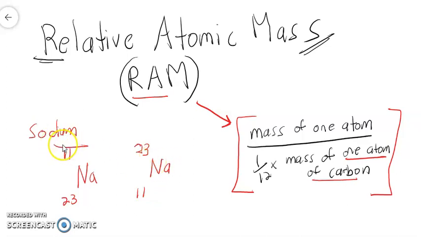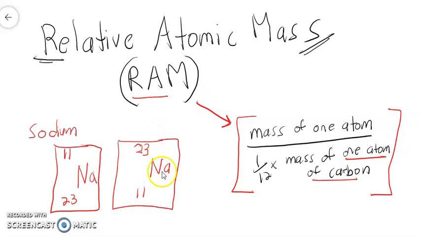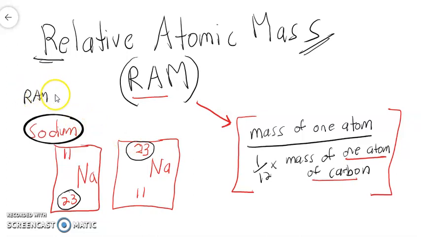Both are actually the same. Here I'm going to make it much more simplified for you. Okay, your RAM of sodium, we just have to take the number of nucleons, which is 23 here and 23 here. So the RAM of sodium is 23.